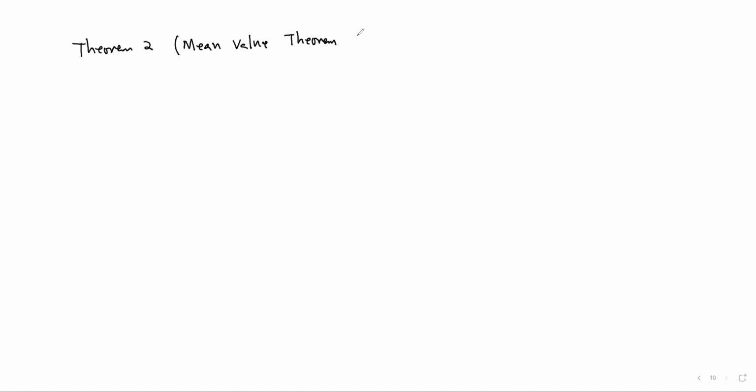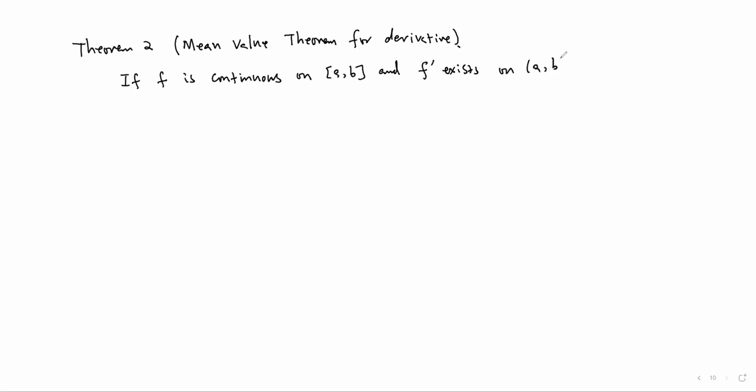This one is for derivative. If function F is continuous, the graph is continuous on a closed interval AB, and the derivative exists on the open interval AB. Let me draw a diagram.